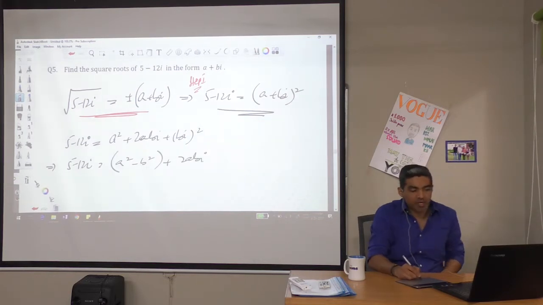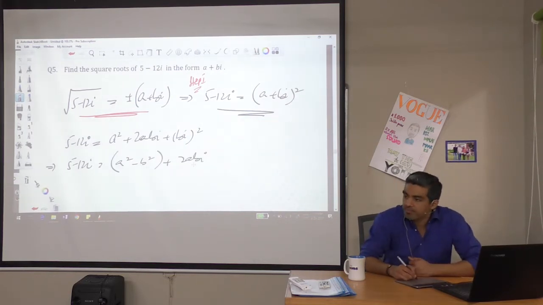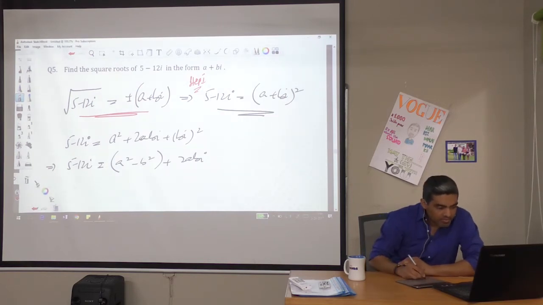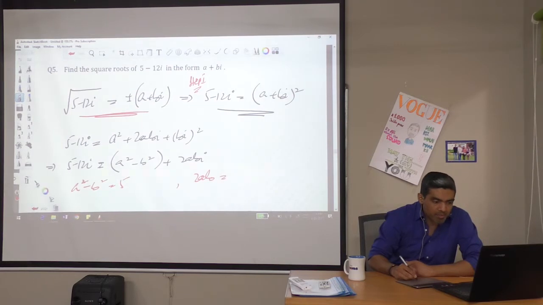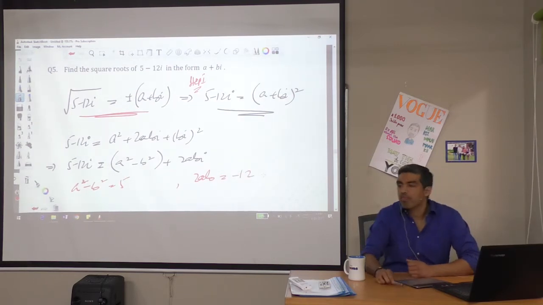So this is your real portion and this is your imaginary part. And you see both complex numbers are equal. So if they are equal, that means a square minus b square, the real part, must be equal to 5, and 2ab, the imaginary part, must be equal to minus 12.